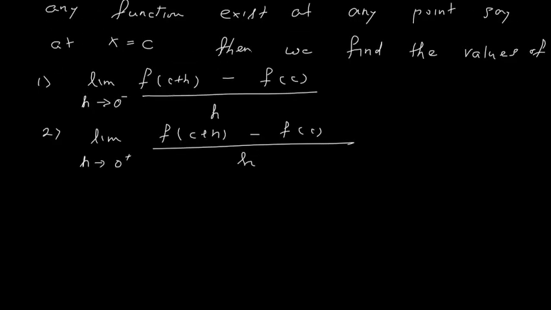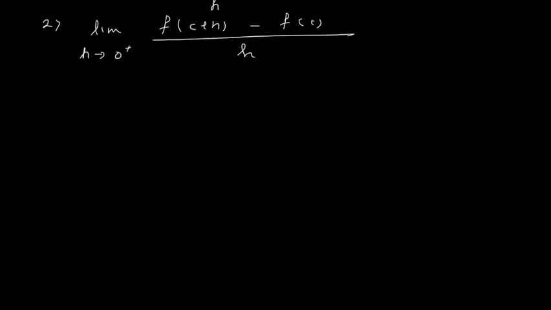Now let us discuss some formulas for some standard functions. What are their derivatives? So a function we can write as f(x). There are different ways. We can say f(x) or we can say y. f(x) is a function of x or y is a function of x.